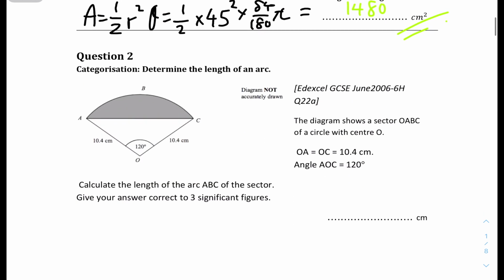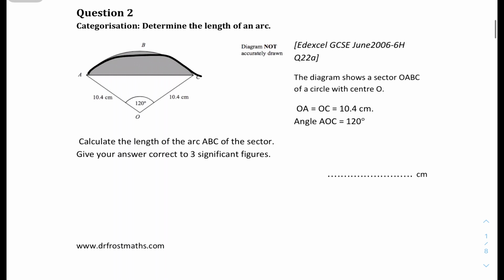And number 2, calculate the length of arc ABC of the sector, so this right here. Give your answer in 3 significant figures. So we know that the arc length formula is S equals r theta, where theta has to also be in radians.